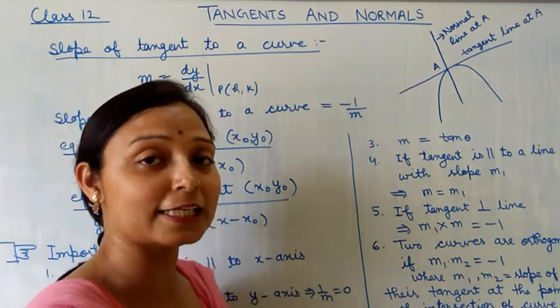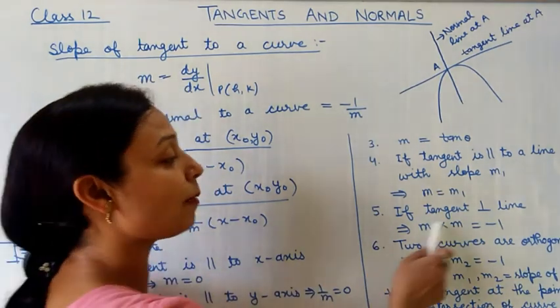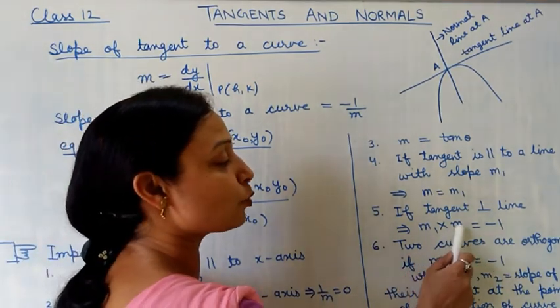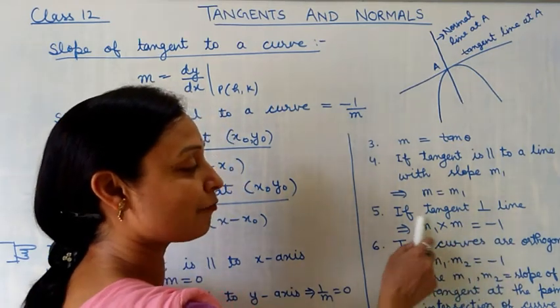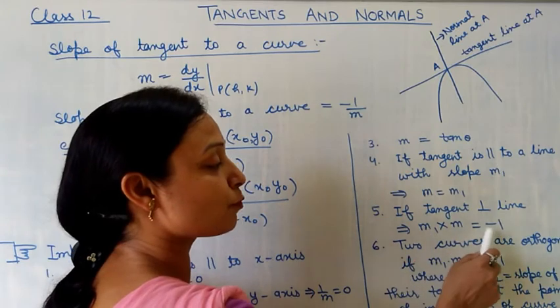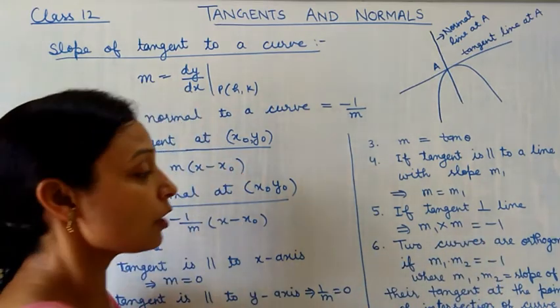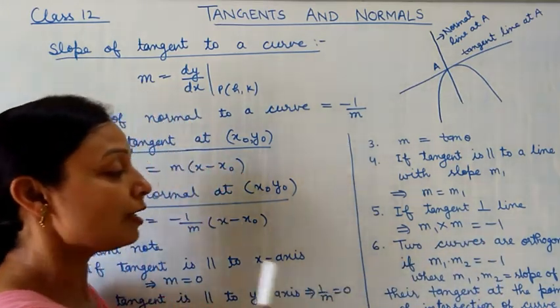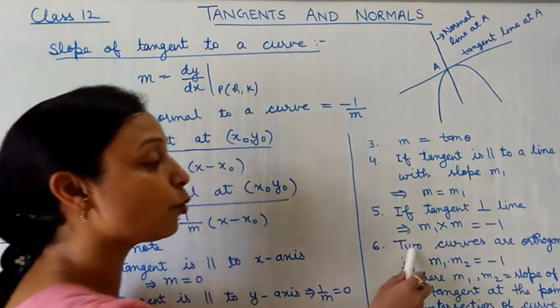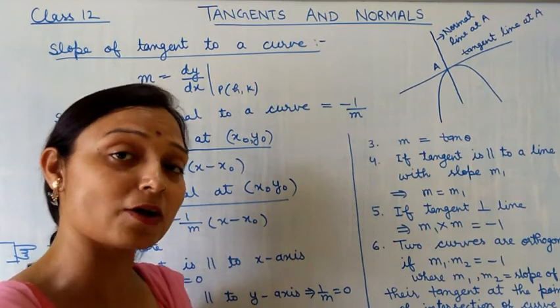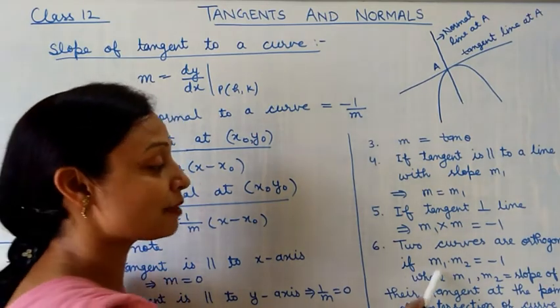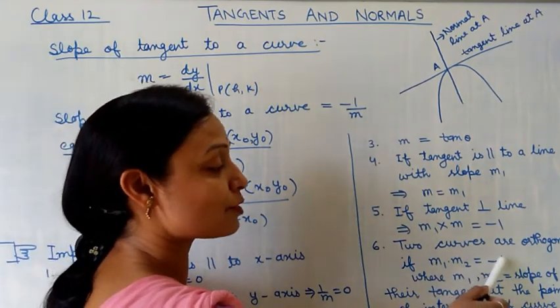If tangent is perpendicular to a line with the slope m1, then m1 into m is equal to minus 1. This is the tangent slope and this is the slope of the line. The product of these two should be equal to minus 1. Now come to the last important point, that two curves are orthogonal. Orthogonal means perpendicular, that means m1 into m2 is equal to minus 1.